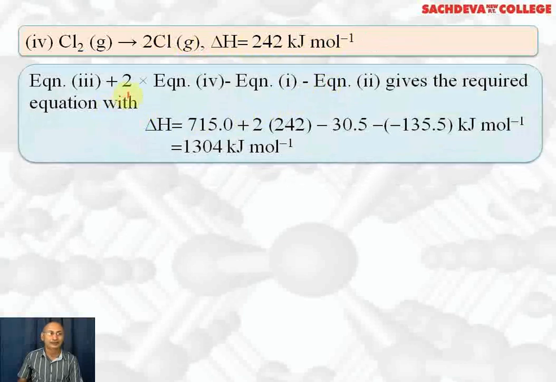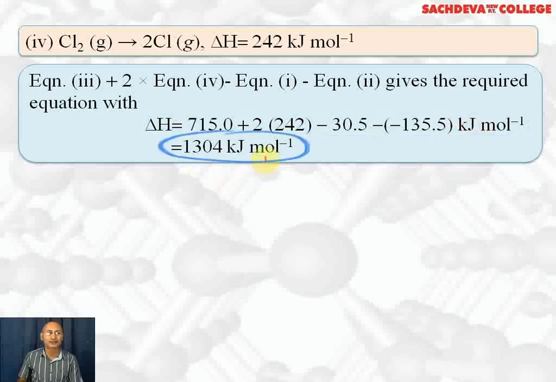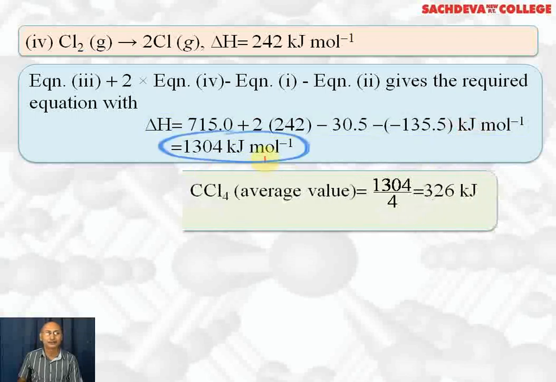Now equation 3 plus 2 into equation 4 minus equation 1 minus equation 2 will give us the required equation, and delta H will be equal to 715 plus 2 into 242 minus 30.5 minus 135.5 kilojoules per mole. This will come out to be 1304 kilojoules per mole.